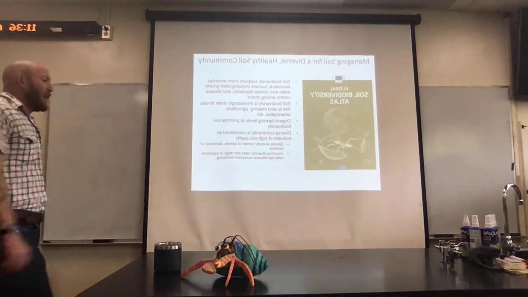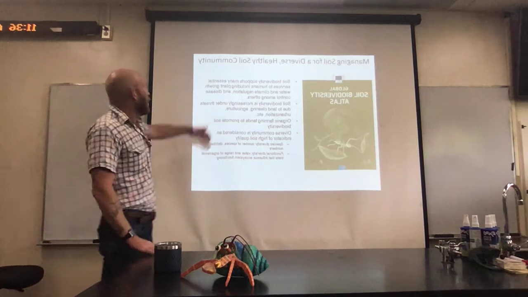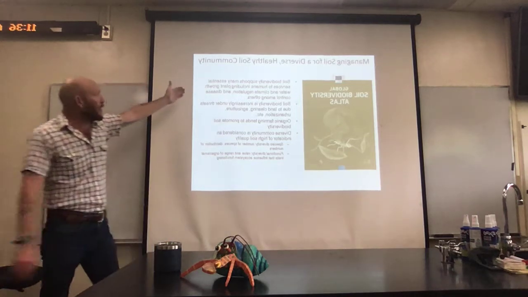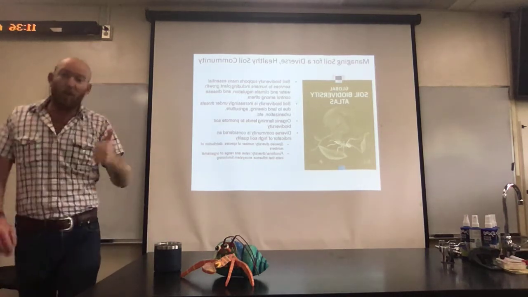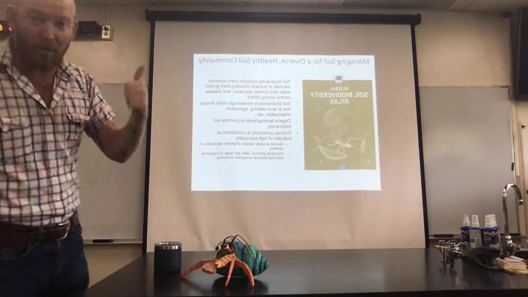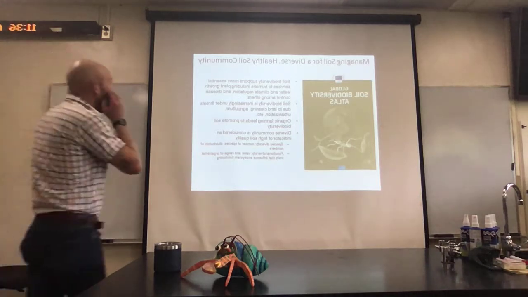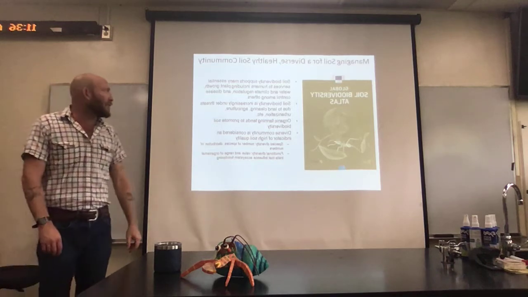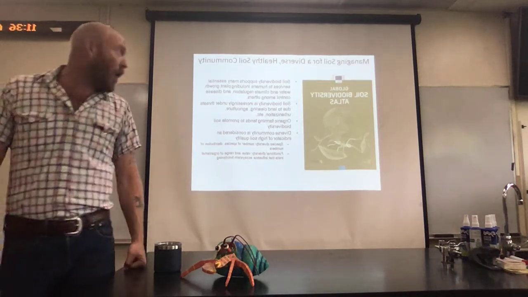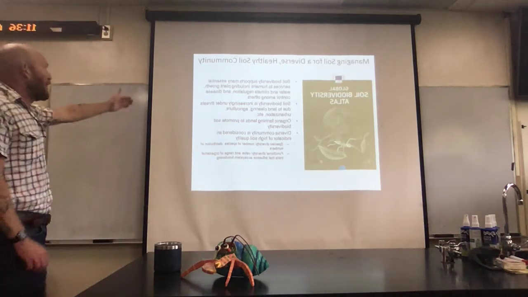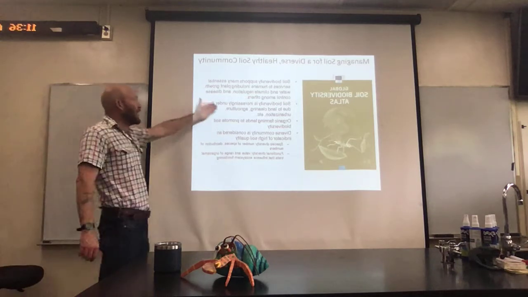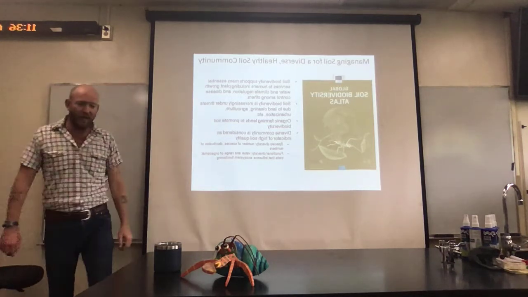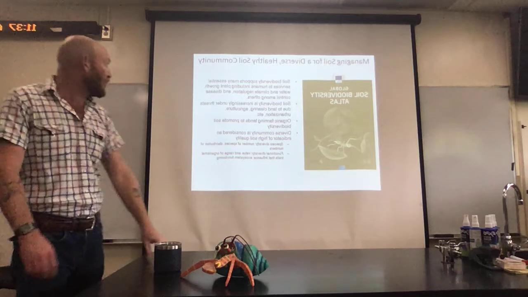So we noted that soil biodiversity, or a high number of different kinds of organisms, supports essential services for humans, including plant growth, water and climate regulation, and disease control, among others. Biodiversity is increasingly under threat due to land clearing, agriculture, and urbanization. Completely true.